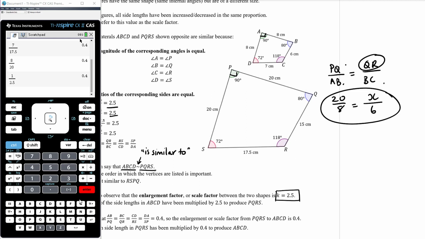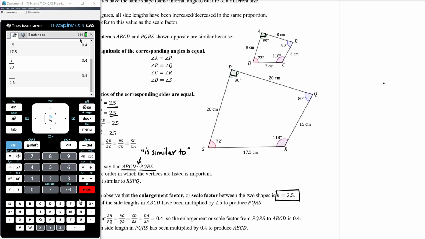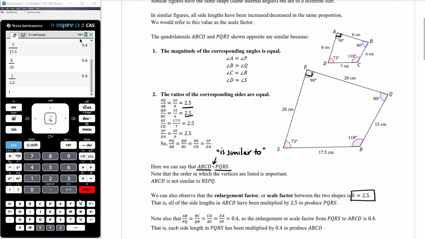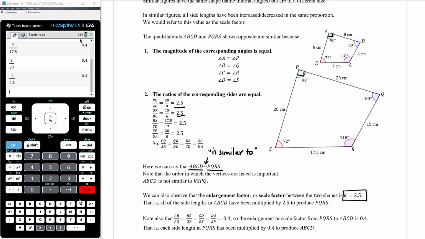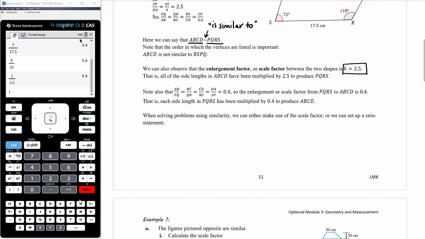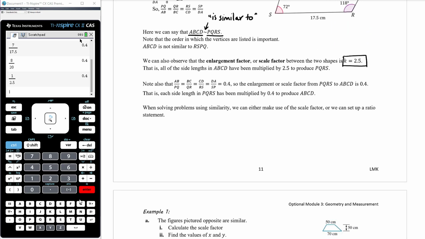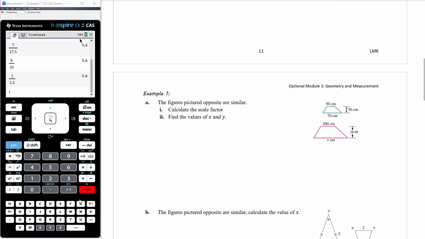We could solve that equation to find x, rather than ever have to work out the scale factor. If the scale factor is a nice number, if everything's been doubled or tripled or whatever, then absolutely I would work with the scale factor. But the scale factor could be something quite unpleasant, in which case there's actually no need to work out the scale factor. You just use the idea of the ratios of the side lengths being the same.